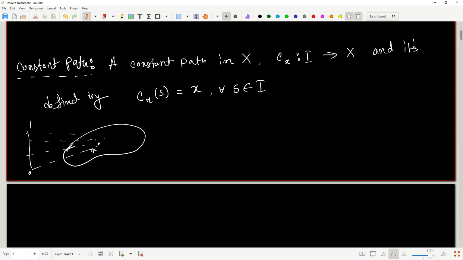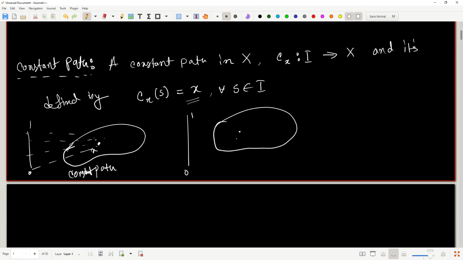All the points you take from your interval, it gets mapped into this point only. And similarly, this condition over here is also the condition for a loop as well. It also satisfies the condition of a loop. That means, so let me write it down. This is for a path, constant path, and this is the constant loop thing.